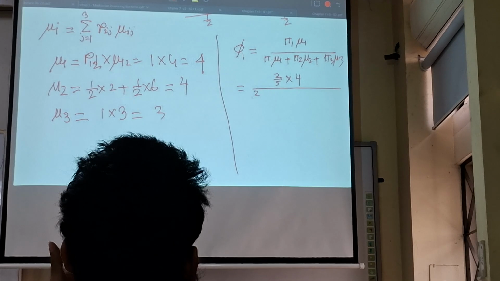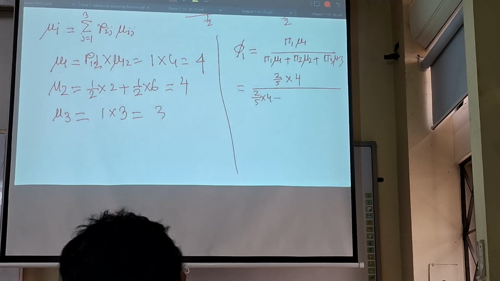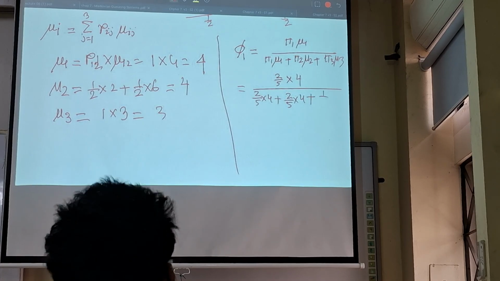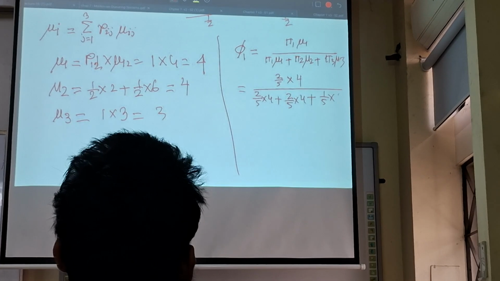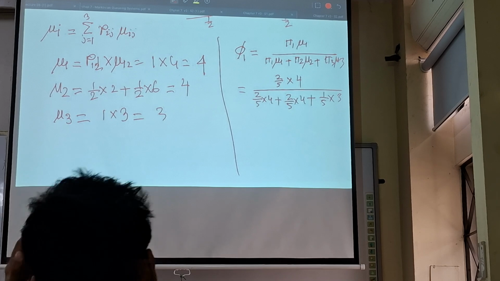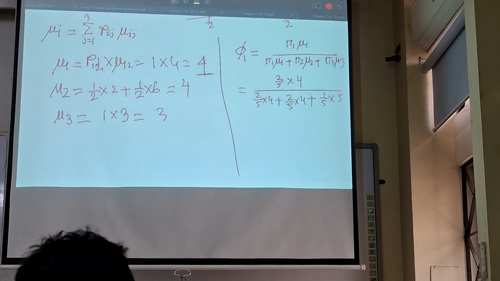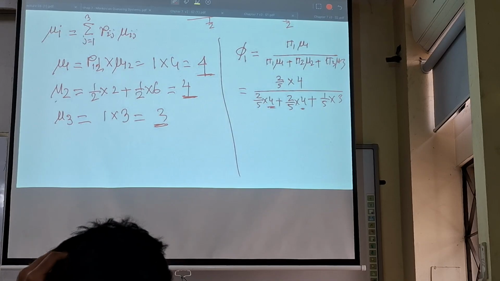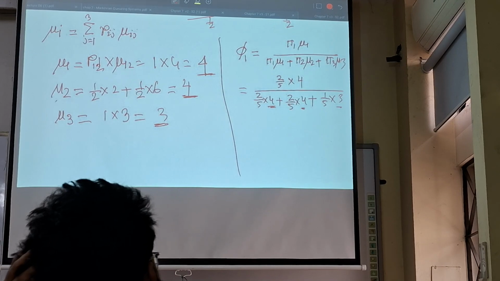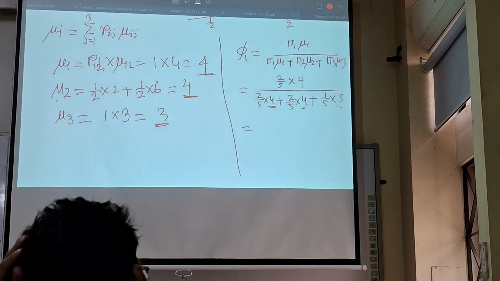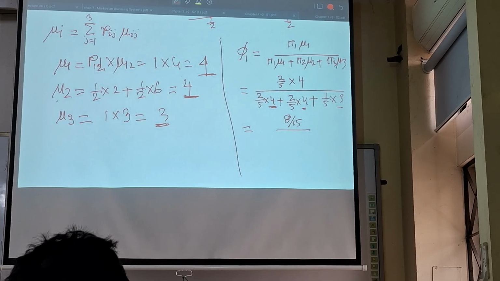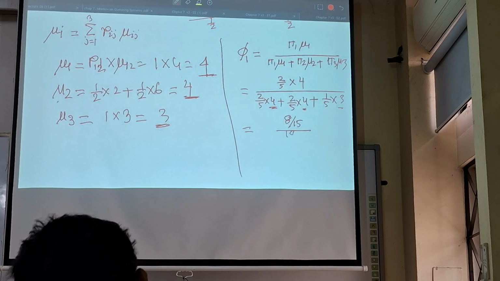So 2 by 5 into 4 plus 2 by 5 into 4 plus 1 by 5 into 3. The values are from here: mu 1 is 4, mu 2 is 4, and mu 3 is 3. And probabilities are 2 by 5, 2 by 5, and 1 by 5. Then we have 8 by 5, underneath 8 plus 8, 16, plus 3, 19 by 5.